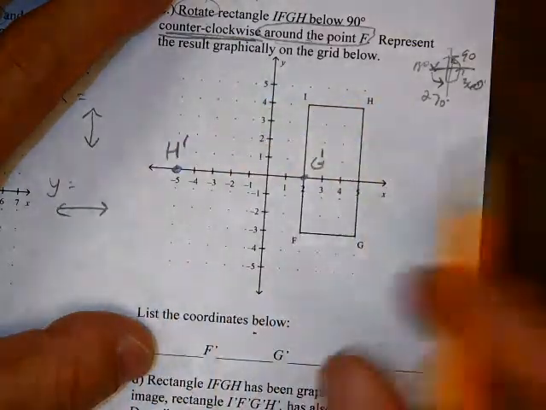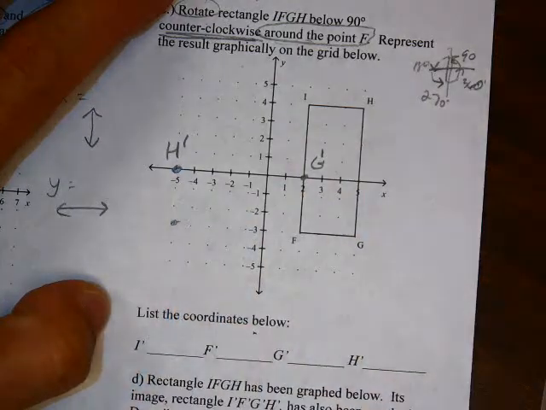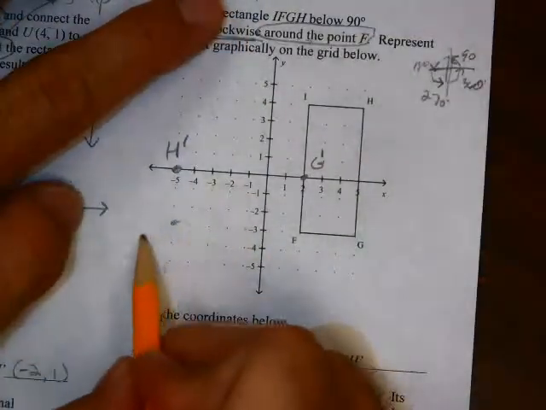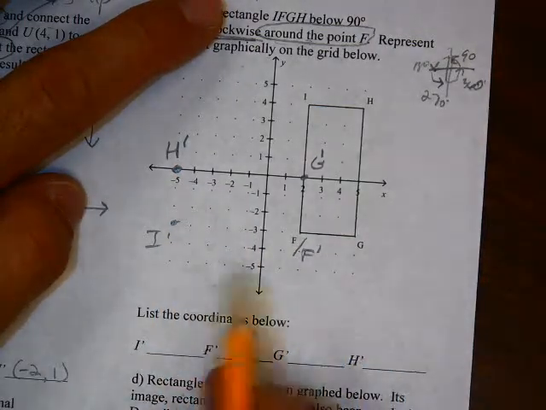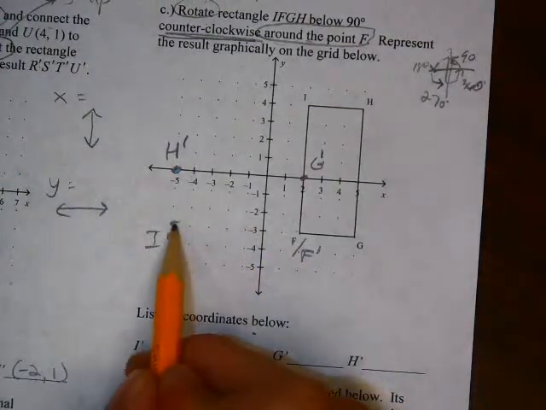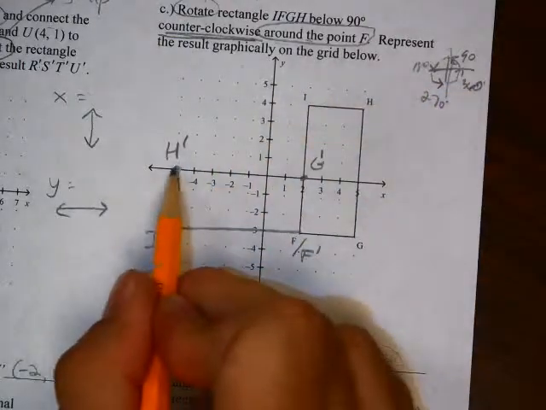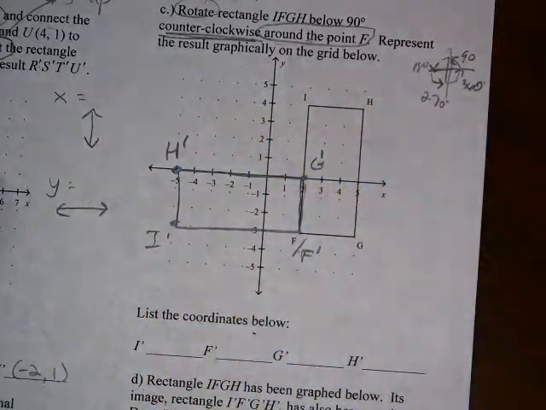There's my H prime. The I was 3 units away. So if I just check really quick, there's my I prime, and then the F didn't go anywhere, so that one corner is going to count for both F and F prime. Then I just have to connect to form my rectangle. Overlap here, and there's my rotation for part C.